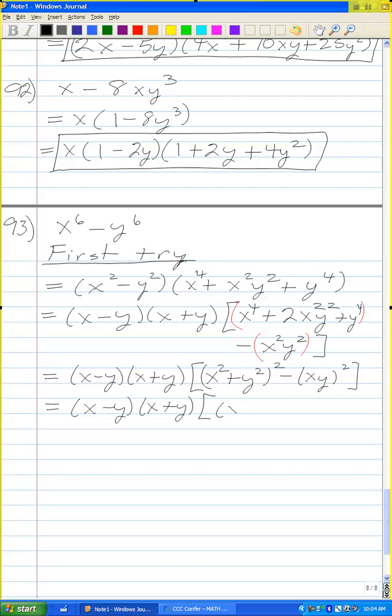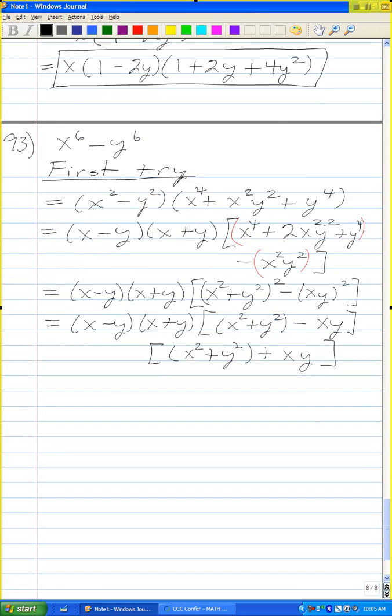So x minus y, x plus y, times, well, let's do the difference of squares. So it's the square root of the first term minus the square root of the second term, times, well, the same thing, except I'll change the minus to a plus. Now let me get rid of the parentheses.